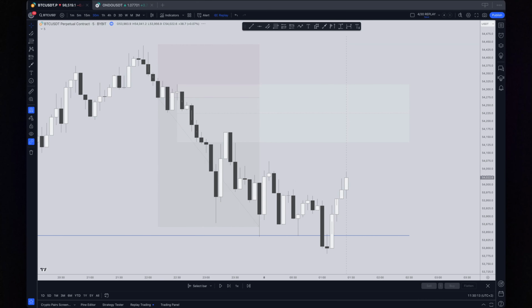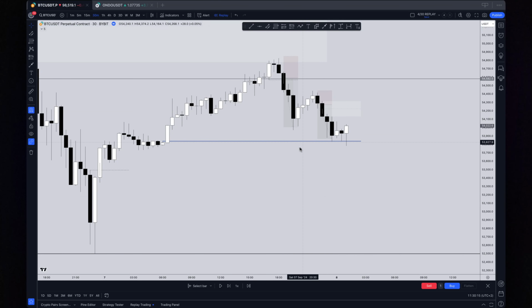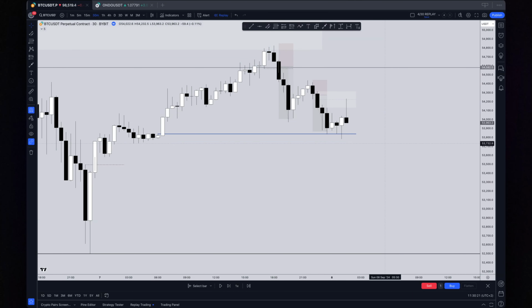Okay, we just swept the level once more, but failed to close through. So I'm just going to wait for direction here.